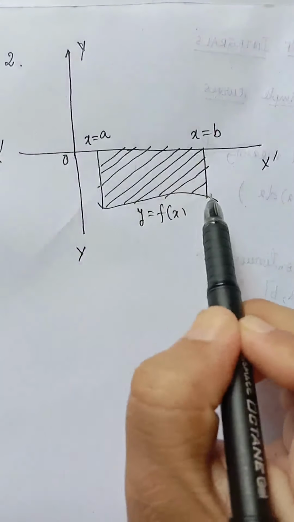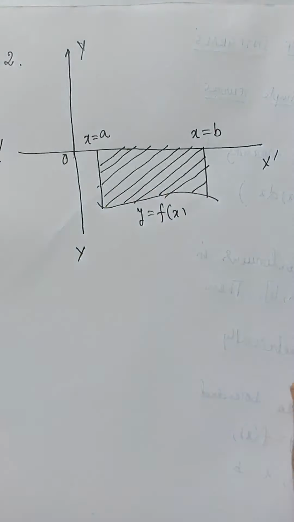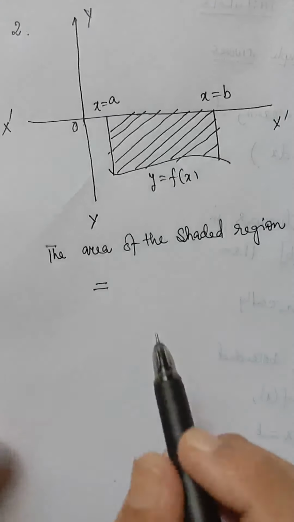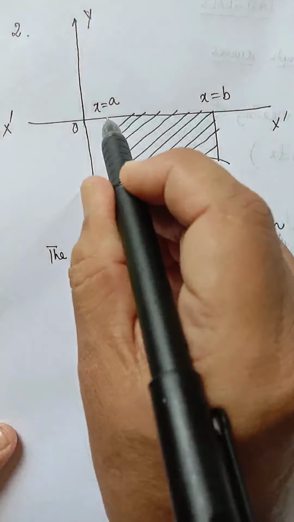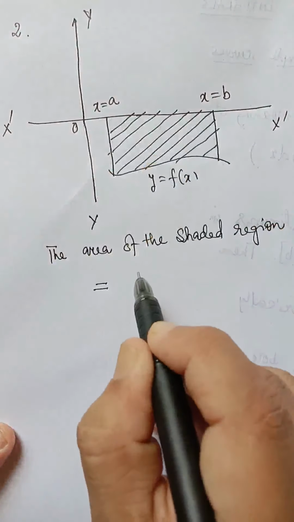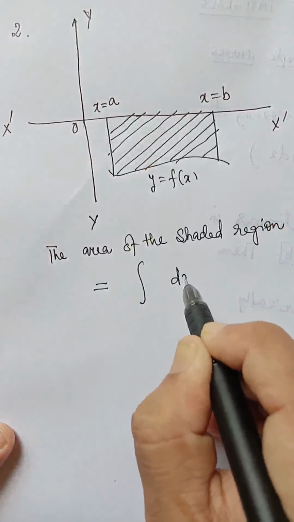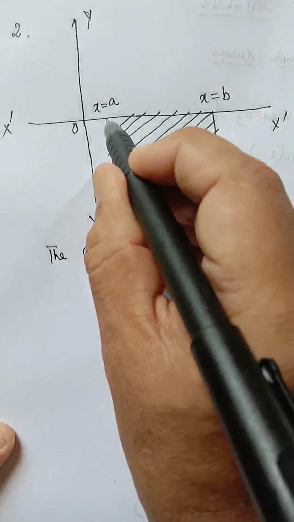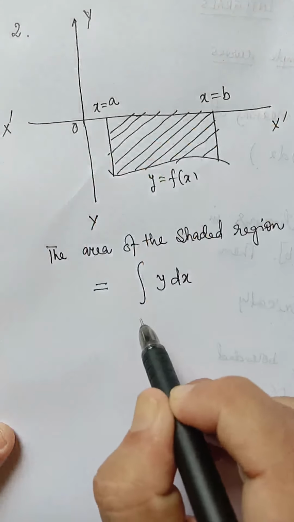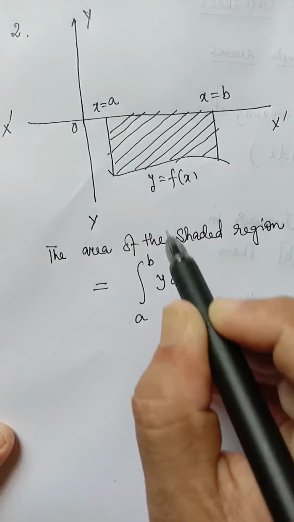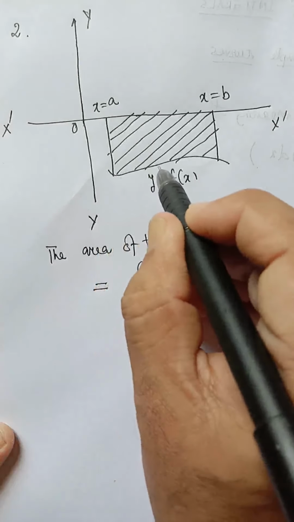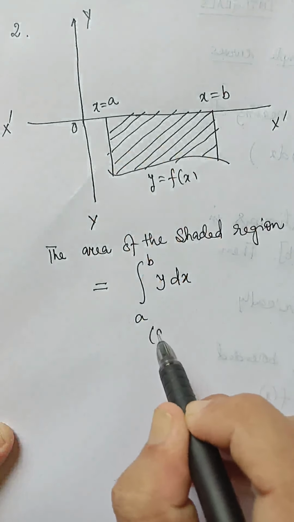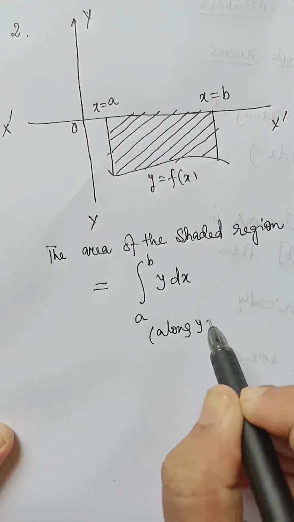So the area of the shaded region will be, as one of the boundaries is the x-axis, I will write dx, with that y dx from x equal to a to x equal to b. We have to replace y from the equation of this curve, along y equal to f(x).